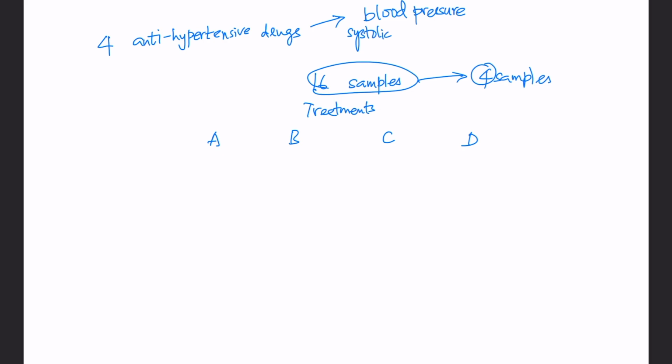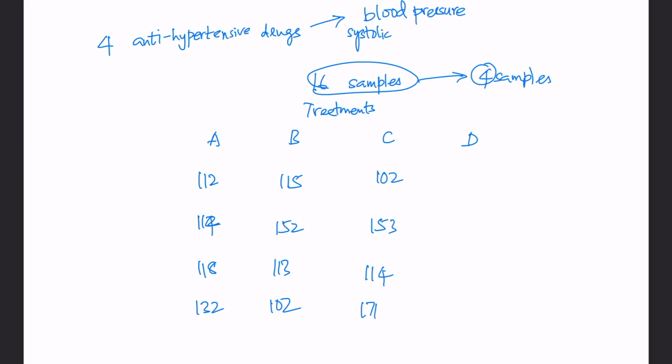And we have values, for example, let's say 112, 114, 118, 132, and 115, 152, 113, 102, right? Let's say, for example, 102, 153, 114, 171, and you have 105, 122, 128, 135.